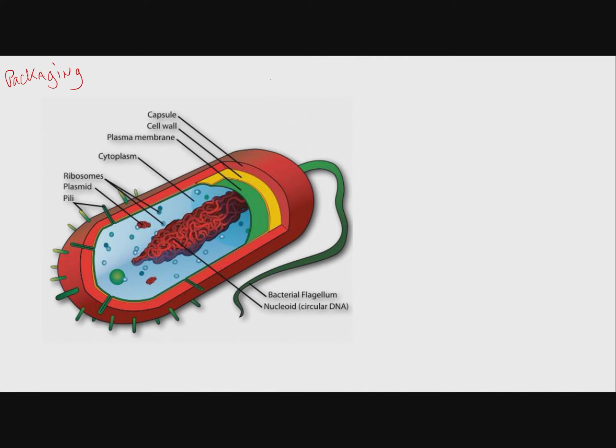Bacteria don't have histone proteins that DNA wraps around like we do. But they do have proteins that help organize the DNA in the cell, mostly by making these looping structures. So this is the nucleoid.